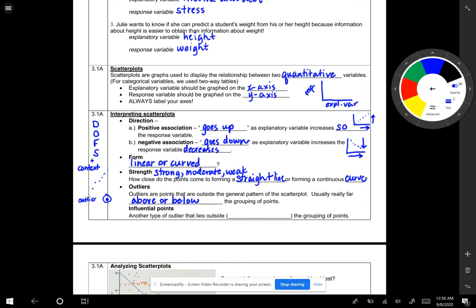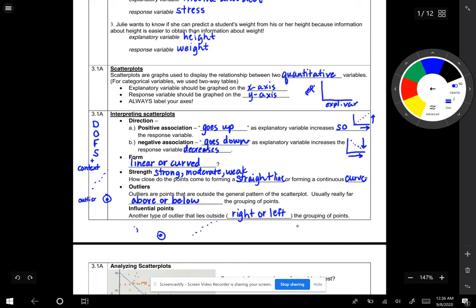Now, there is another type of outlier that is known as an influential point, and this lies outside, right or left, of the grouping of points. So if you had a scatter plot that looked like this, and you had a point over here, side by side, this would be considered an influential point.